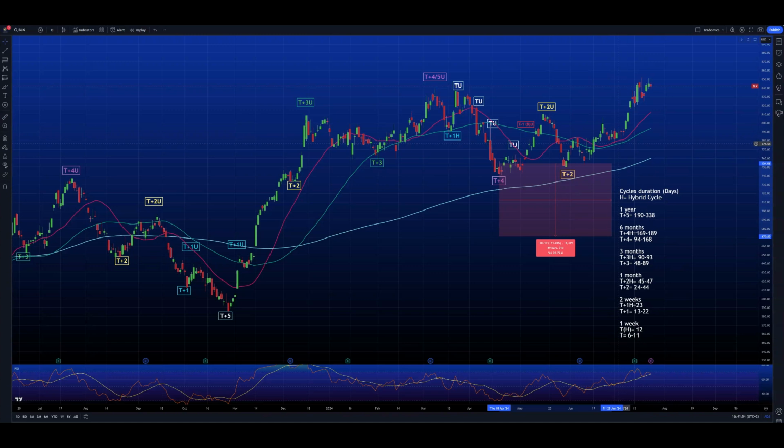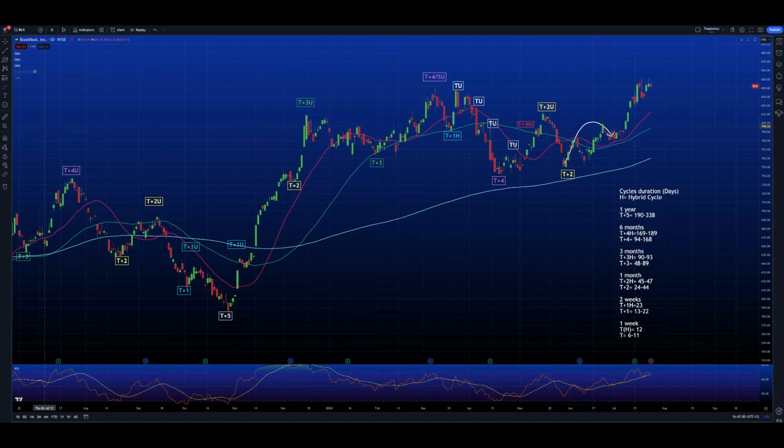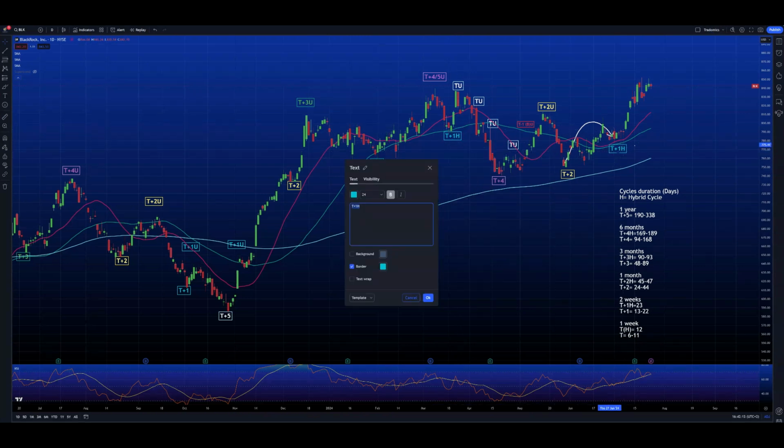So what is important to note is that with this downward cycle here, we have had the closing of a T plus 1. So here we can also update the chart with a T plus 1.